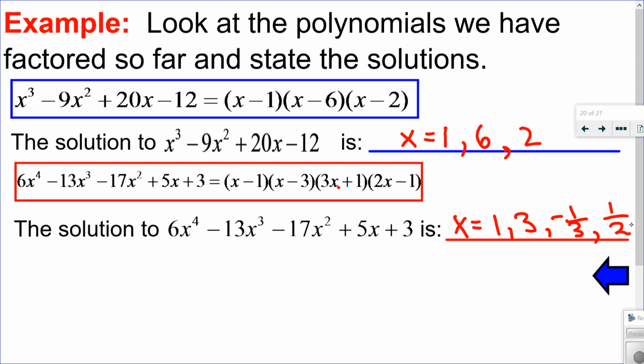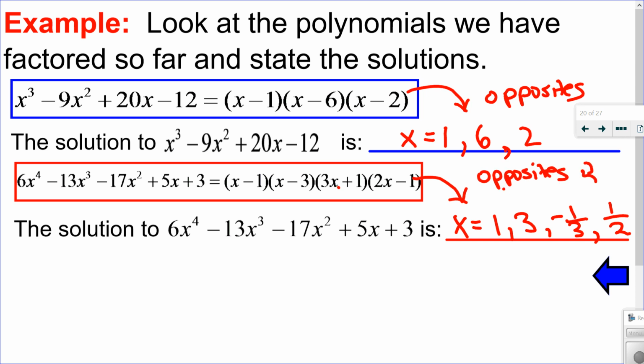So for these ones here, to go from factors to my roots, I just use opposites, and bottoms up if I have a fraction. So opposites and bottoms up. What do I mean by bottoms up?